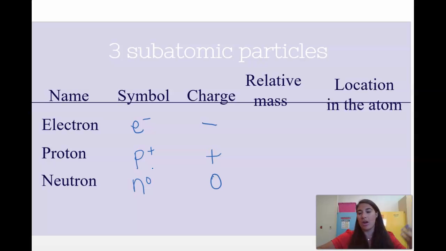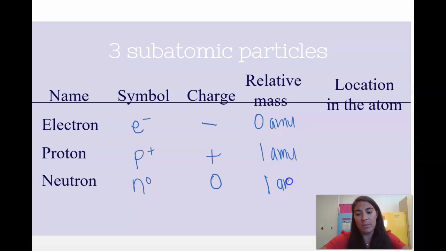And so for an electron, we say that relative mass is 0 AMU, a proton is 1 AMU, and a neutron is also 1 AMU, okay? And again, these are relative masses. We're not talking about grams, okay? A proton doesn't weigh a gram, no way.